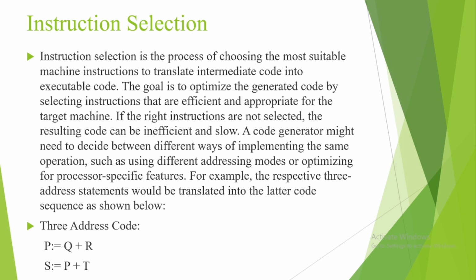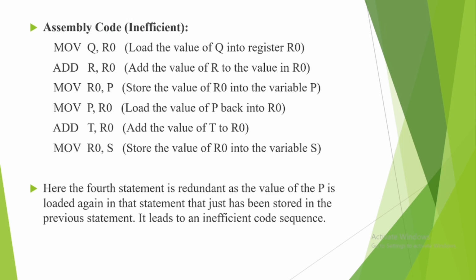For example, the respective three address statements would be translated into the assembly code sequence shown below. The three address code: P is equal to Q plus R, S is equal to P plus T. Assembly code, inefficient.